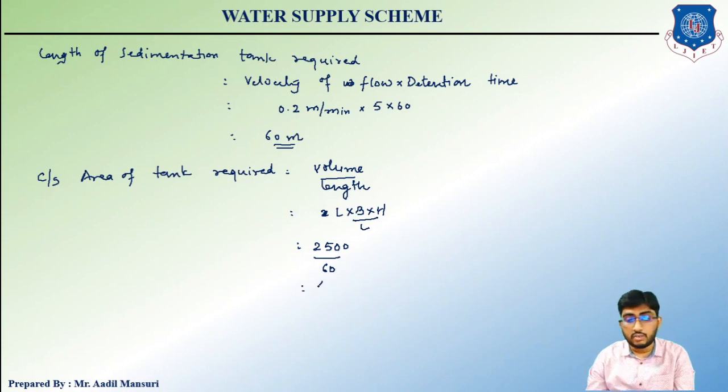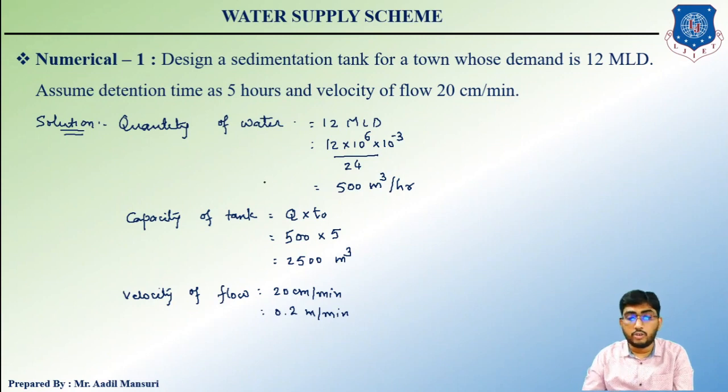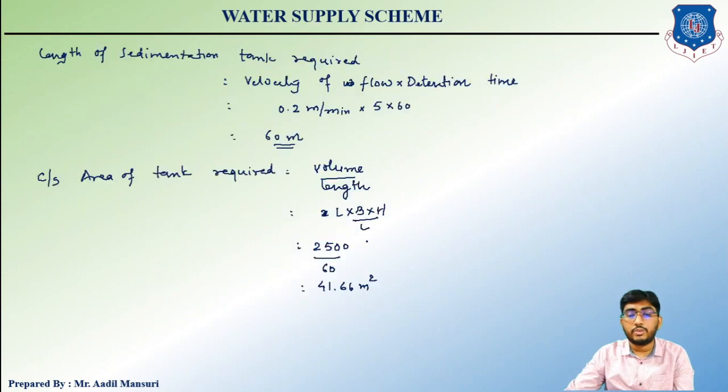So this will be equal to 41.66 meter square. Agree? Because in the previous step we have already found out the volume or the capacity as 2500 meter cube, divided by length that we found above, that is 60. So the cross sectional area of the tank required will be 41.66 meter square. Okay, so let's move ahead.